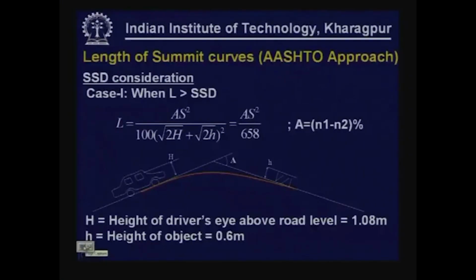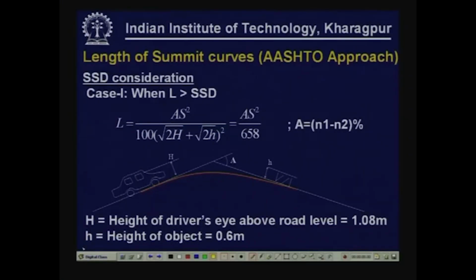Now, the basic formulations or basic equations used or mentioned during the earlier discussion when we discussed the IRC approach, here also the basic equations are generally the same. Let us see. Look at this equation, SSD consideration and case 1, when length is greater than stopping sight distance.